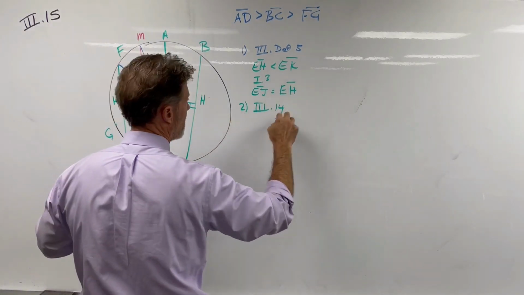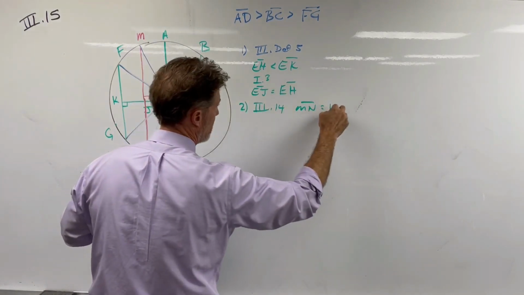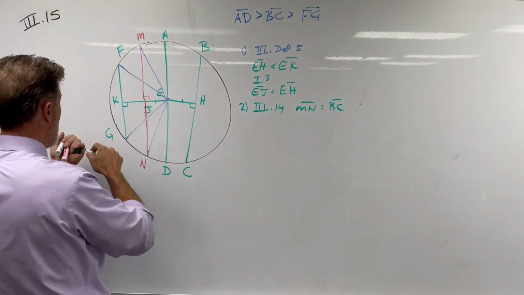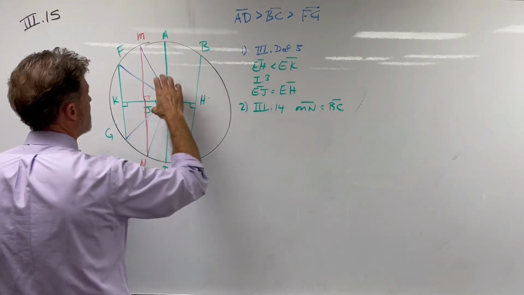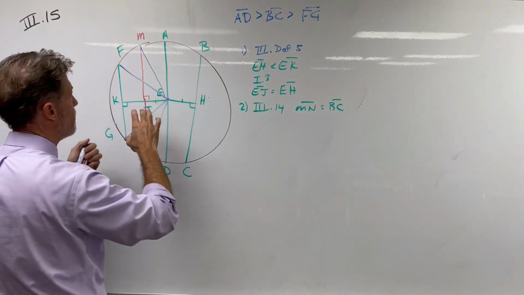Therefore, MN has to be equal to BC. And now we want to start proving that AD is greater than MN, which is greater than FG.